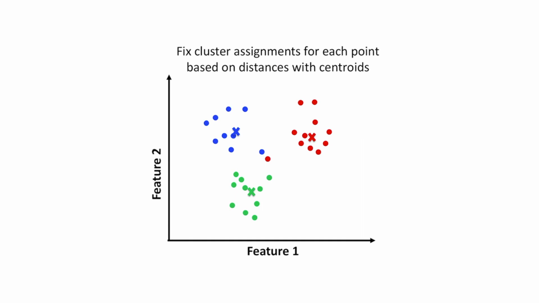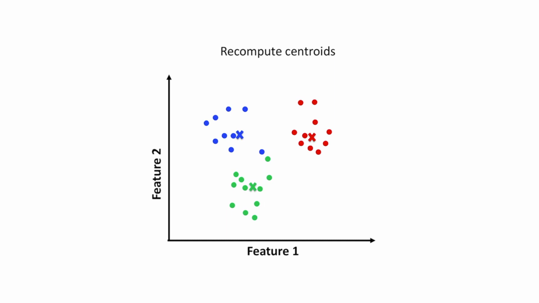Then we find that this point is closer to the green centroid, so we assign this point to green. Now, since the cluster assignments have changed, we will have to recompute the cluster centroids. Since this is a new point that is added to the blue cluster, this blue centroid will move a little bit to this region, and since this point was added to the green cluster, this centroid will move a little bit upward. And now we have another new set of centroids.